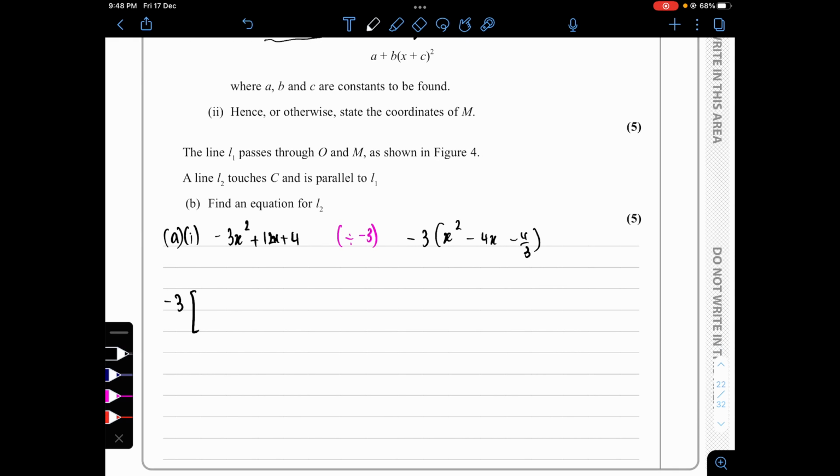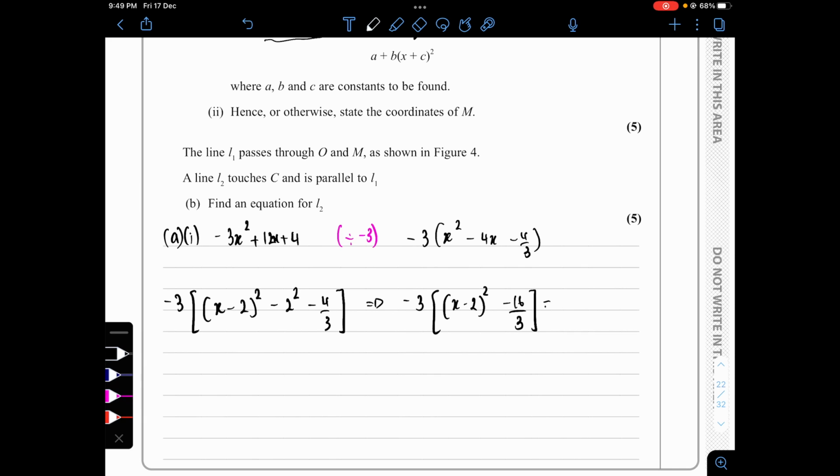Because this is minus 4x, when you complete the square, it will be half that, so minus 2 whole squared. So minus 2 squared minus 4 over 3. Now 2 squared is 4, so this is equivalent to x minus 2 whole squared minus 16 over 3.